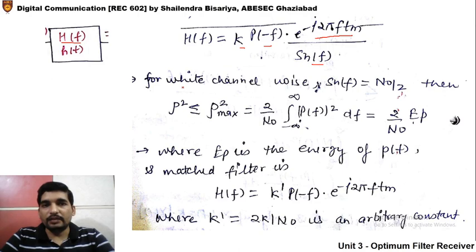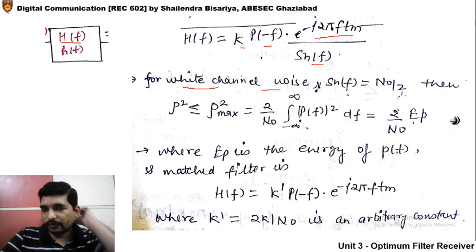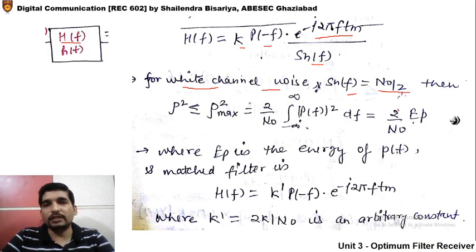If we assume that there is white Gaussian noise, then the power spectral density Sn(f) for white Gaussian noise is well known to us as N0 by 2. Just putting this in this expression, H(f) is equal to K upon N0 by 2. Replacing it, the 2 will come to the numerator side, so it is 2K by N0.